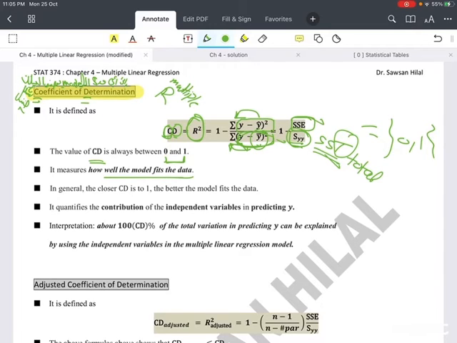As we said before, it determines how the model fits the data. قلنا ان CD هي ما بين 0 وال1 وقلنا ان هي تقيس how well the model fits the data. شلون جودة الموديل في قياسه وفي تضبيطه إلى البيانات.